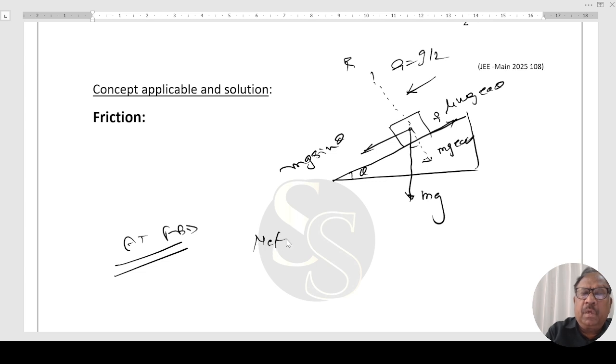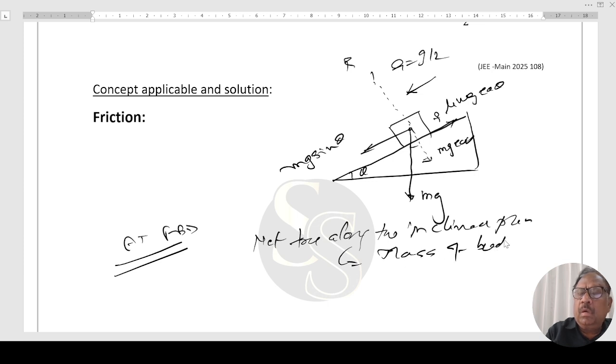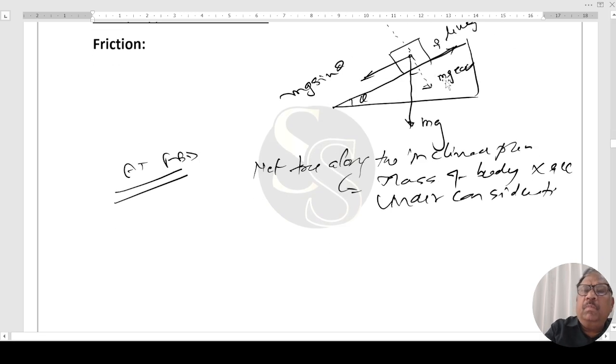Net force along the inclined plane equals mass of the body under consideration into acceleration. Because no vertical motion is there, this force will be equal to this force. Vertical forces will be balanced.